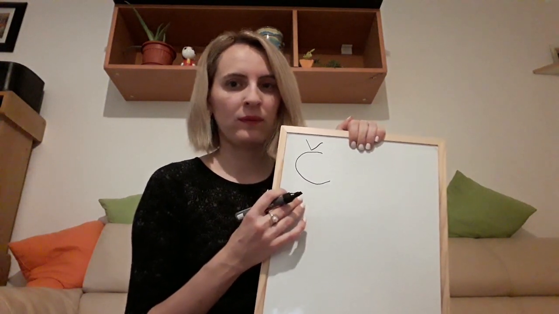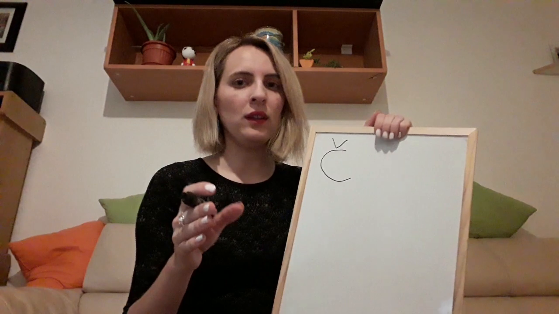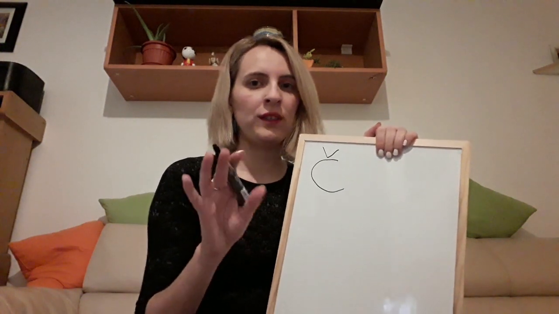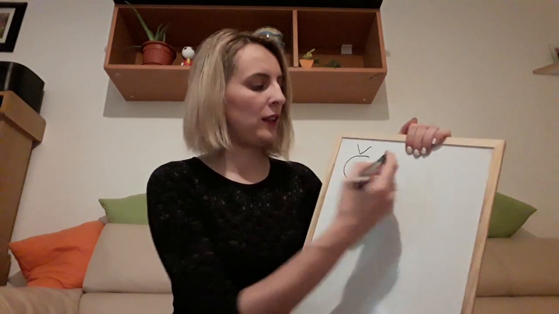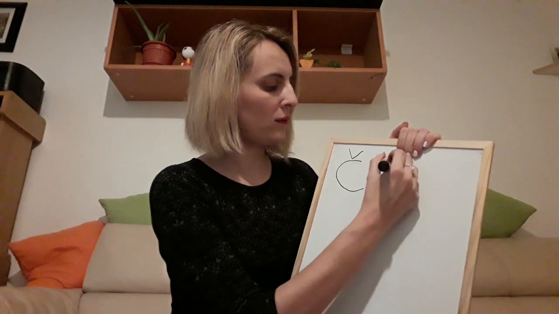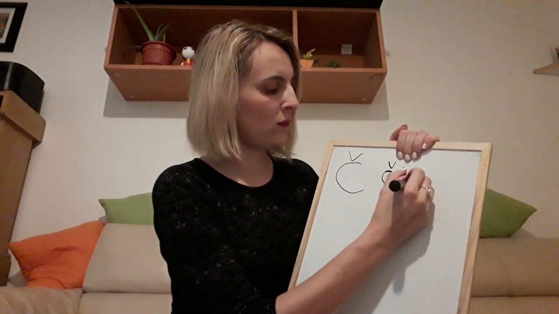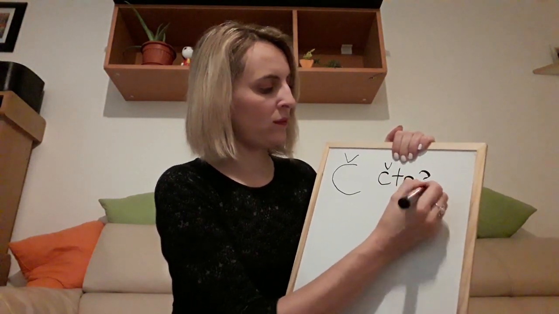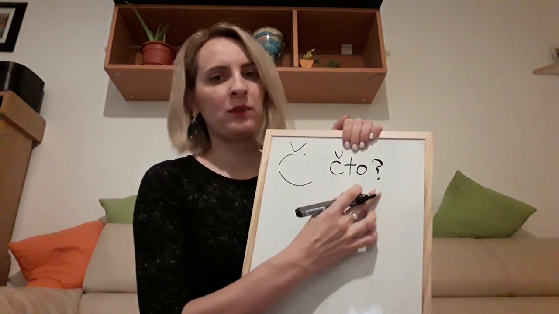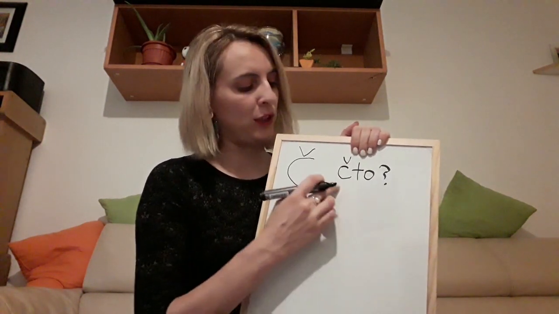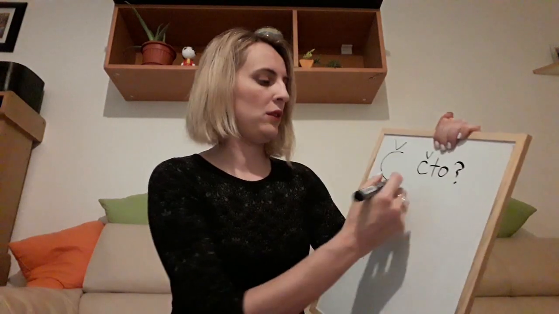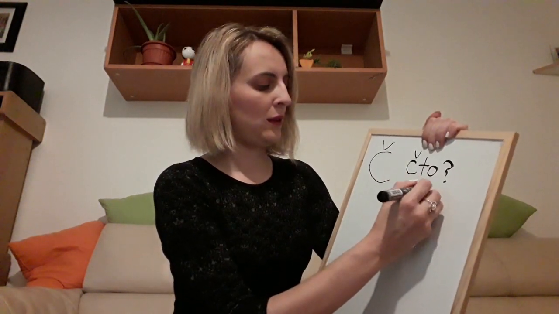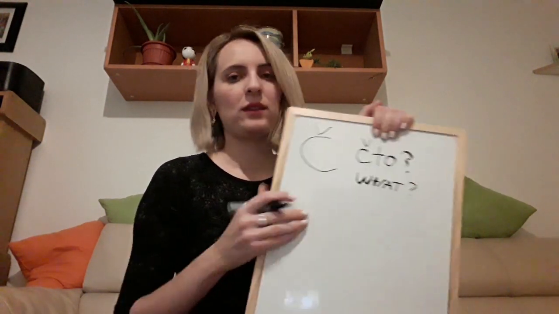Ch. And for example, a good useful word in Interslavic language with this letter is što. You see that is a question mark, so it is kind of a question. And what does što mean? It means what?